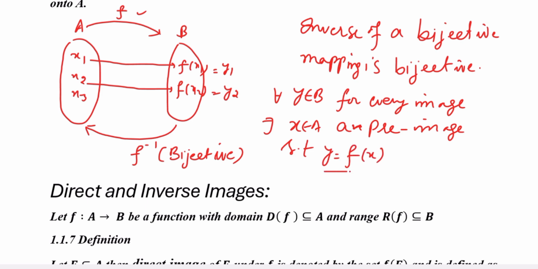Y is equal to f of x means y is an output that can be obtained by applying f on this pre-image x. So this is the definition of a surjective function.